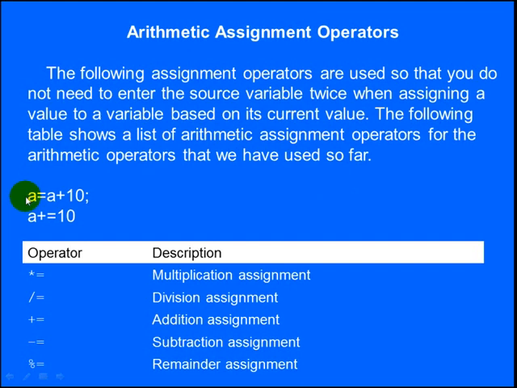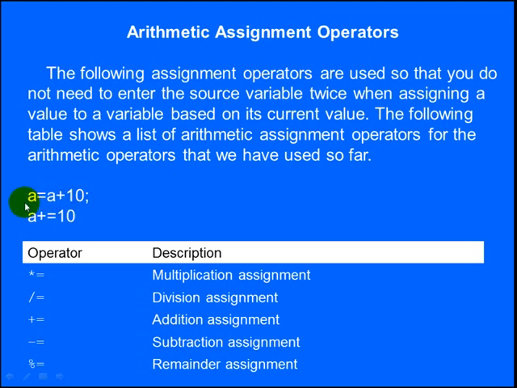Now let us take an example. We have a statement a equals a plus 10. What is being done here is 10 is being added to the current value of a and is being assigned to a.